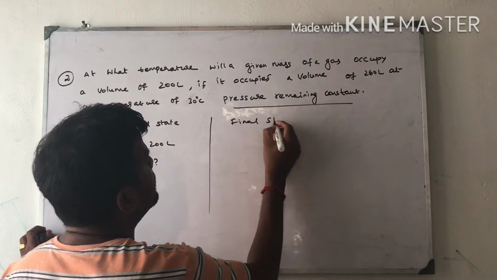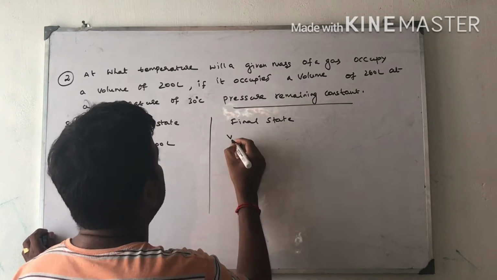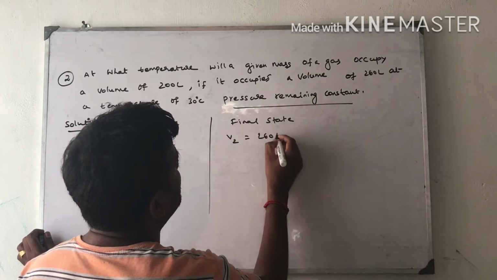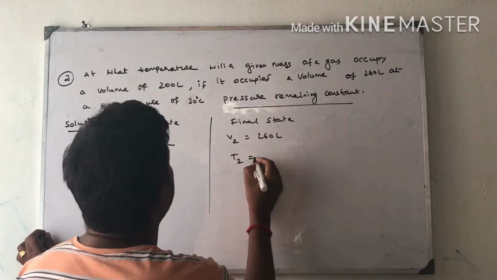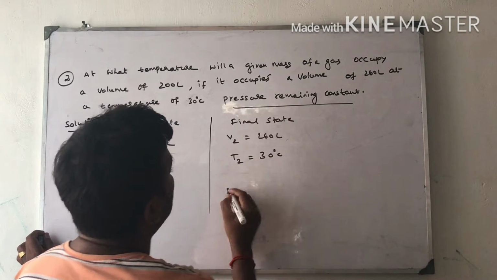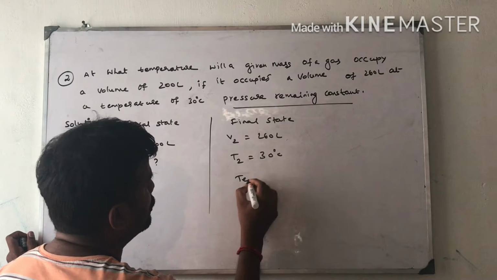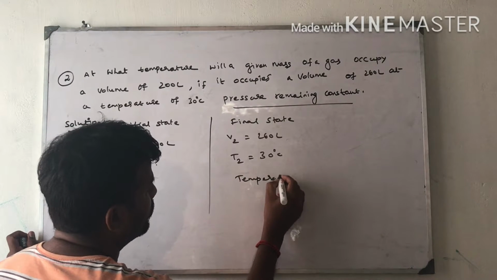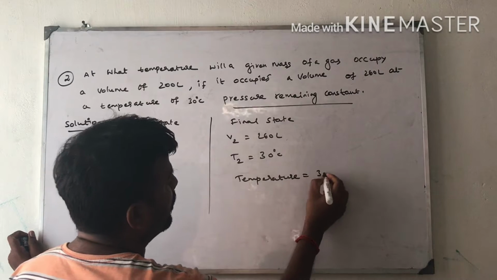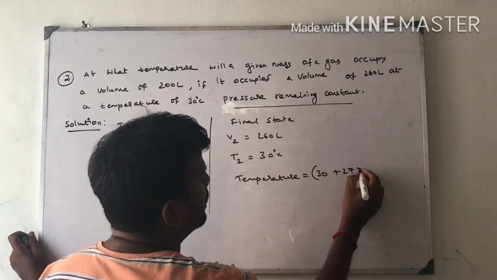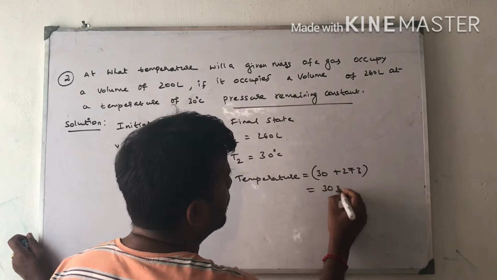Next is the final state. In the final state, the volume given is 260 liter and the temperature given is 30 degrees Celsius. First we have to convert temperature into Kelvin. Temperature is 30 plus 273 is equal to 303 Kelvin.